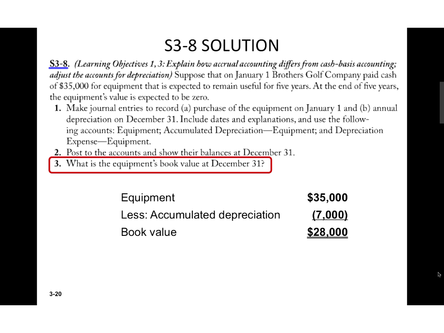Next year, accumulated depreciation will be $14,000, so you'll have a book value of $35,000 minus $14,000. It's what is the book value at December 31st? We're assuming it's this first year. Yes, and in this chapter, absolutely, you are only in the first year.